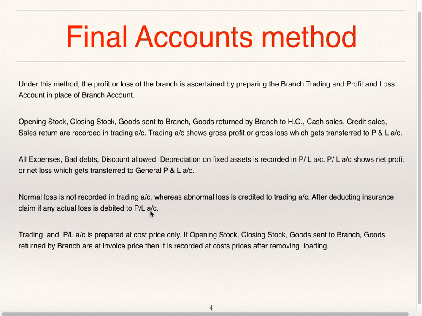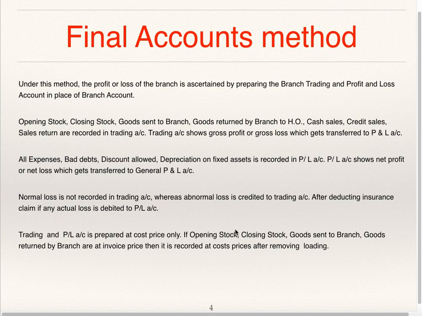So if you get information about normal loss, it is not to be recorded in branch trading and profit and loss account, whereas if abnormal loss is given, it is to be credited to trading account, and if anything the branch is receiving from insurance company, that is to be deducted and actual loss is to be debited to profit and loss account. Trading and profit and loss account is prepared at cost price only.